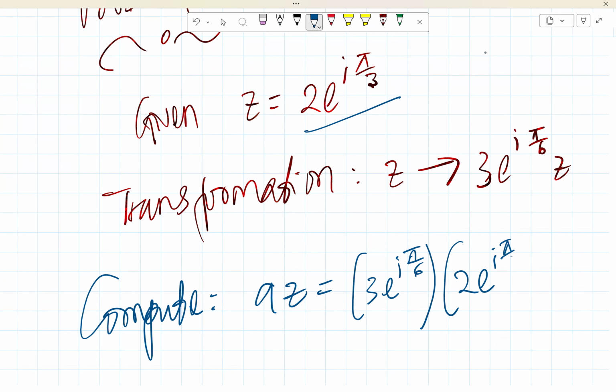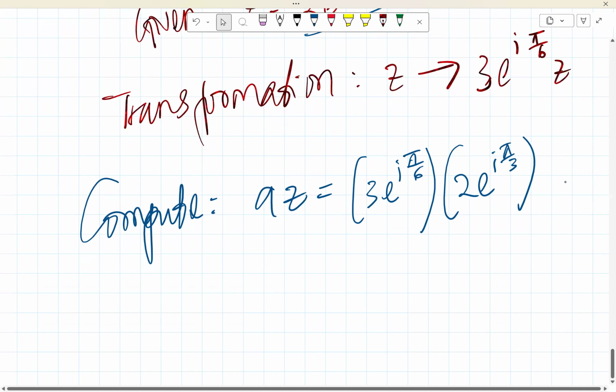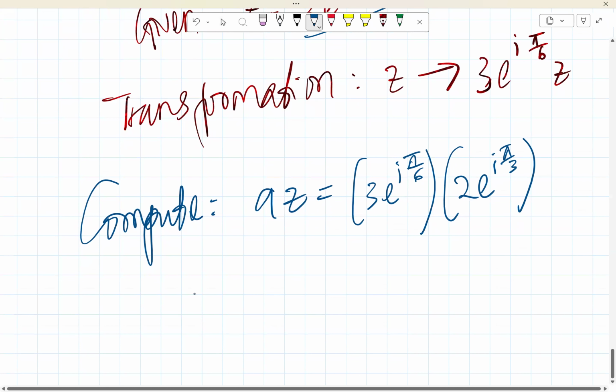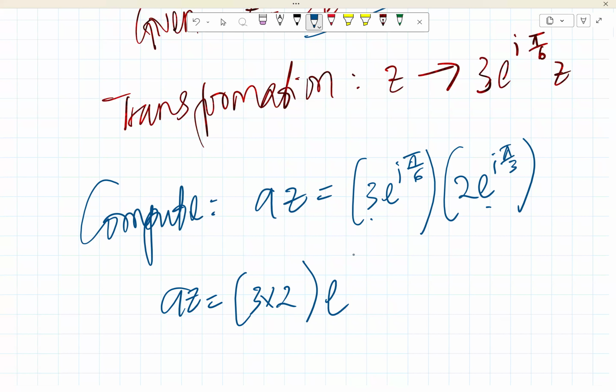2e^(iπ/3). And as we already know, this means that 3 and 2 we multiply, and then we have e^(iπ/6) multiplied by e^(iπ/3).